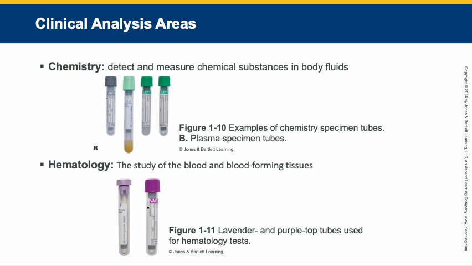Next, you have hematology. This is the study of the blood and blood-forming tissues. This performs lab tests that discover, identify, and monitor disease and other problems associated with blood and blood-forming tissues. Most hematology tests use lavender or purple top tubes, as you can see in the picture.